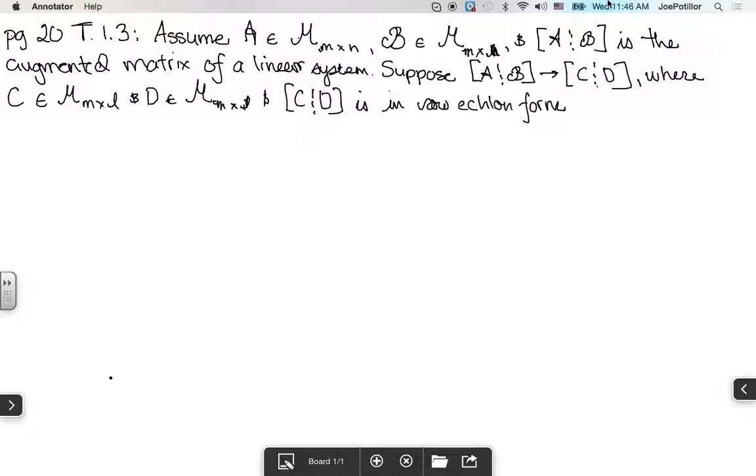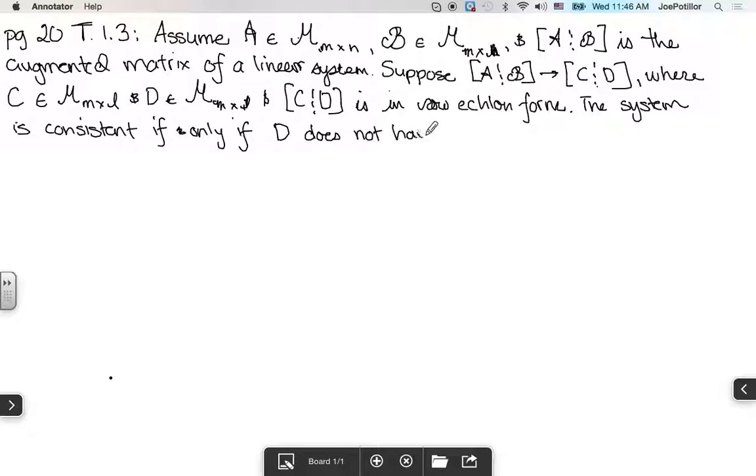Okay, it says the system is consistent if and only if D does not have a leading one.